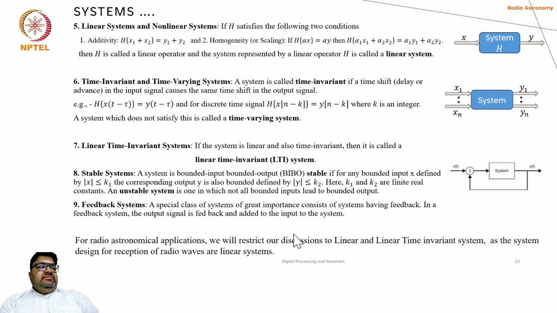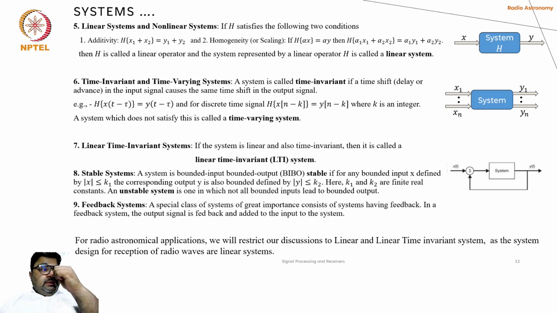If H satisfies the following two conditions, additivity, H of (x1 + x2) is equal to y1 + y2, and homogeneity or scaling, H of (alpha x) is equal to alpha y, then H of (alpha1 x1 + alpha2 x2) is equal to alpha1 y1 + alpha2 y2.